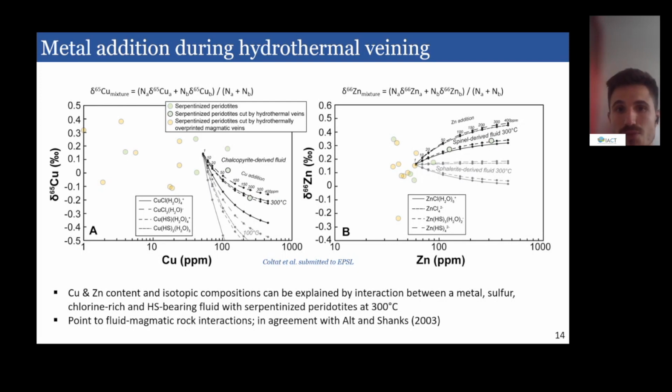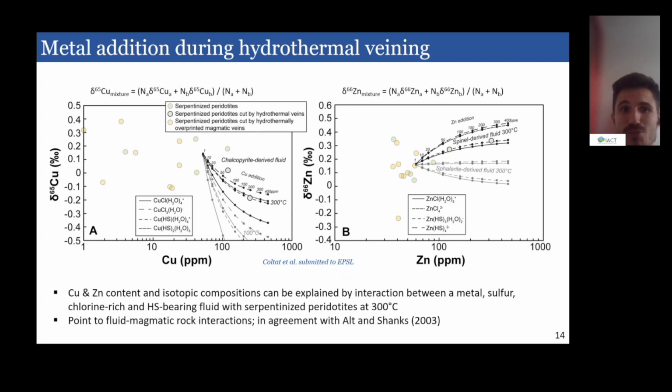If we imagine another source of zinc, for instance sphalerite, we cannot reproduce the isotopic composition of our samples. And if we imagine lower temperature during fluid-rock interaction, we cannot reproduce the isotopic composition of our samples either.